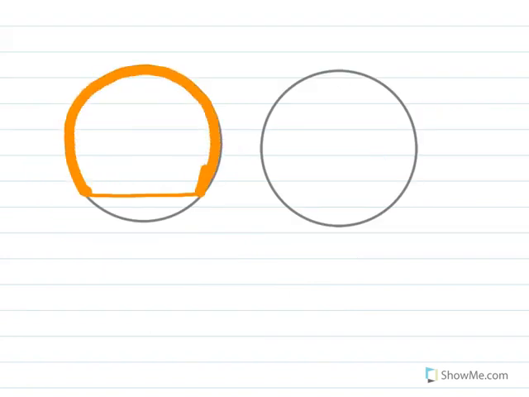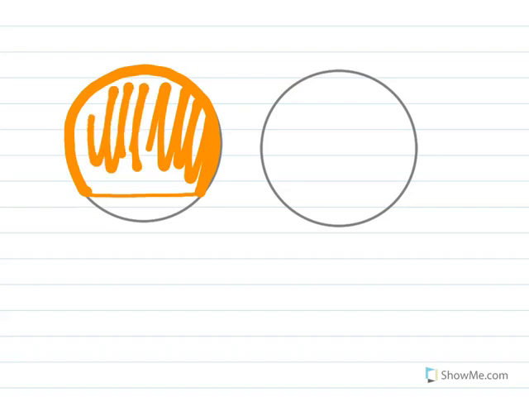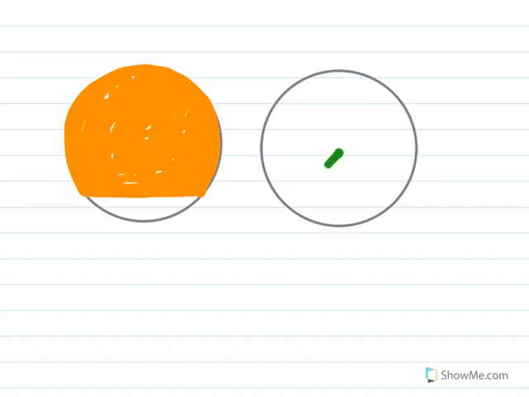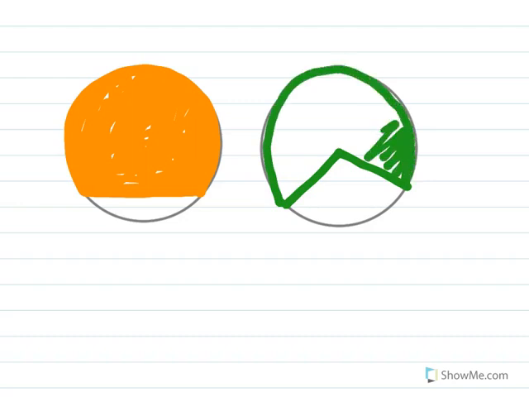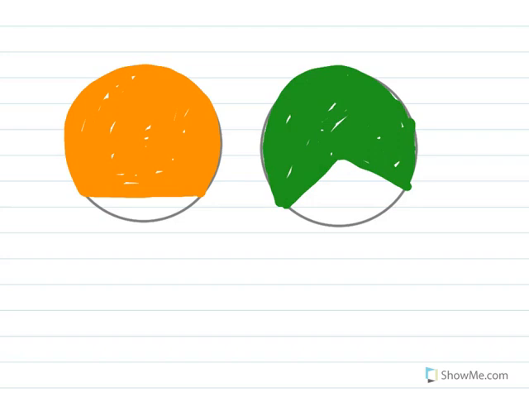Now this is the major segment, more than a semicircle. This is the major segment, and this would be the major sector, more than the semicircle. So here is the major segment and this is the major sector.